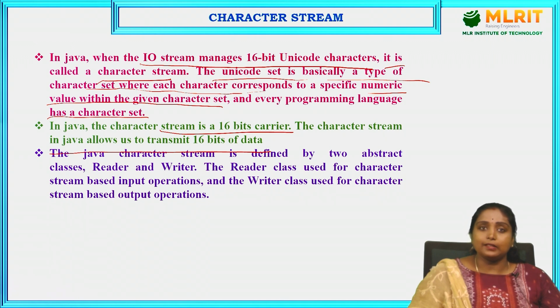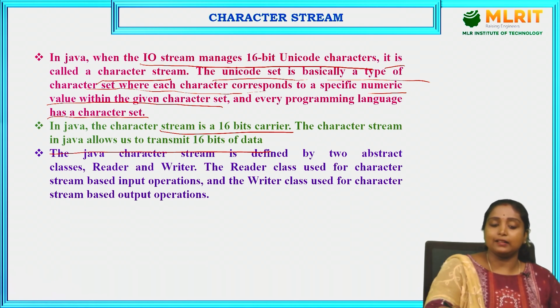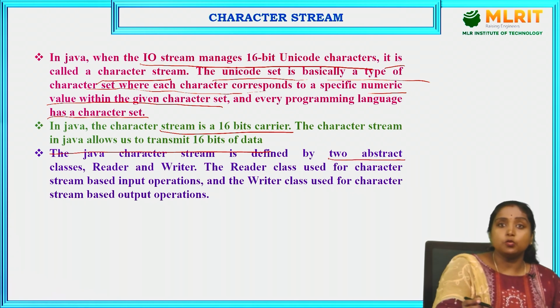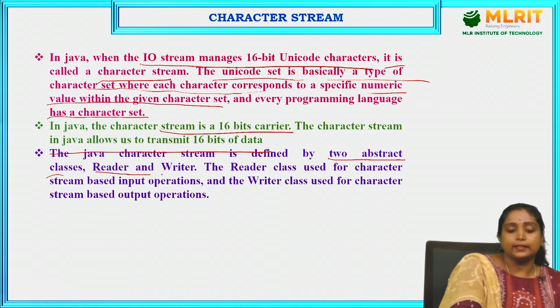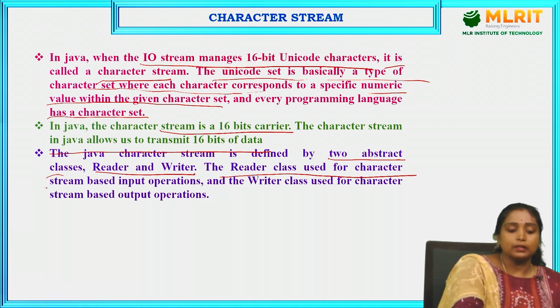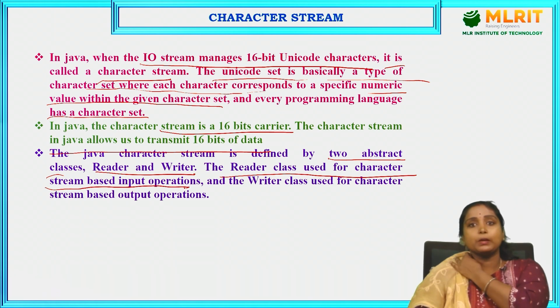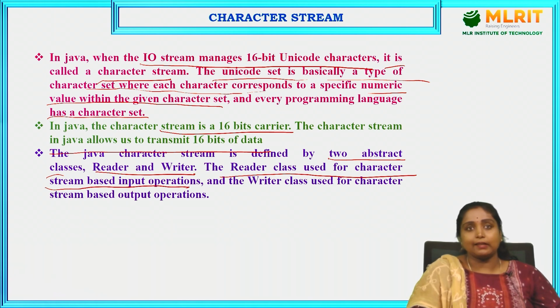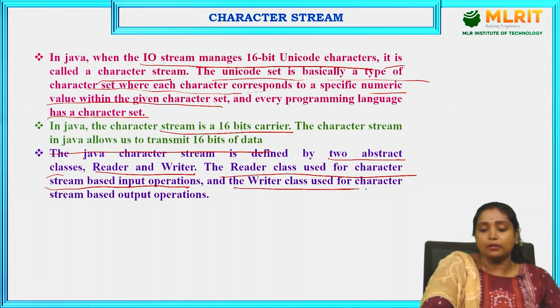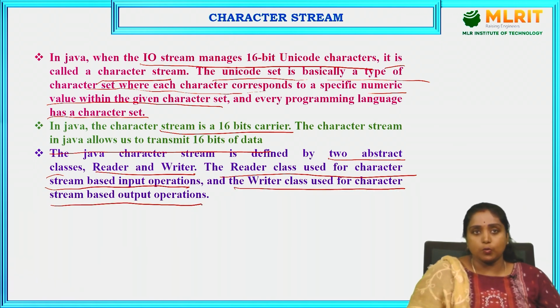Just as the byte stream is divided into input stream and output stream, the character stream is defined by 2 abstract classes called reader and writer. The reader class is used for character stream based input operations, whereas the writer class is used for character stream based output operations.